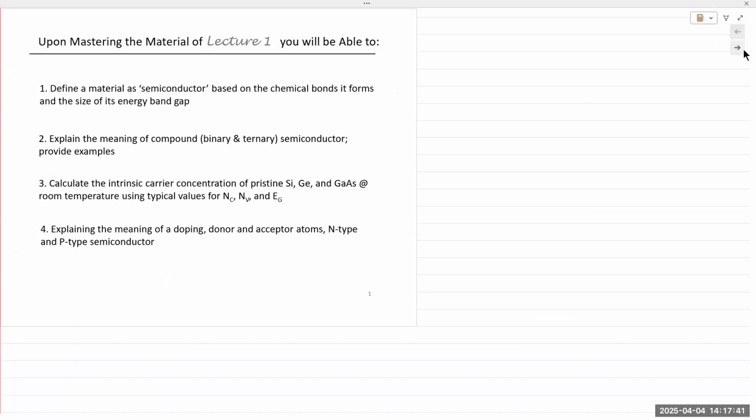How did my learning progress? At the end, can I define a material or a semiconductor based on certain criteria, as an example? So once you're done with today's lecture, your reading, and your homework, come back and do a self-assessment using these outcomes. Use this for self-assessment of your progress.